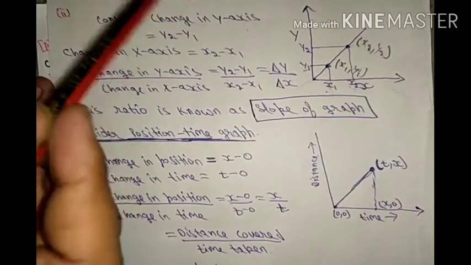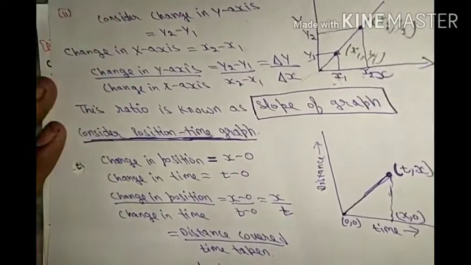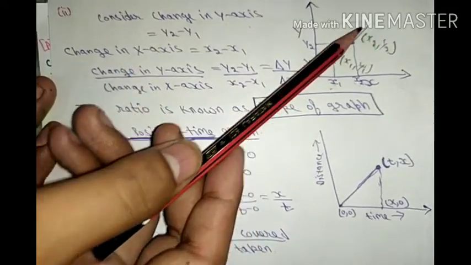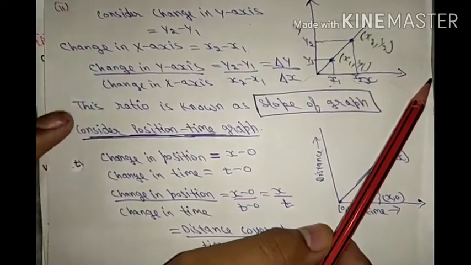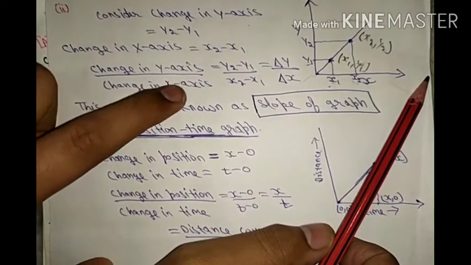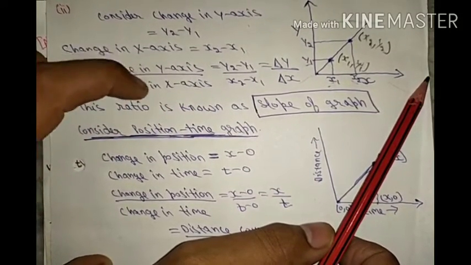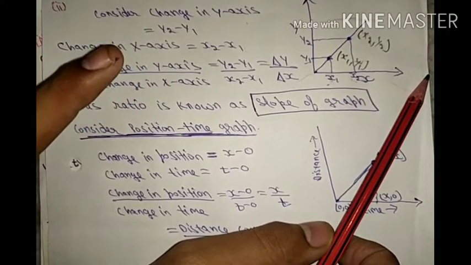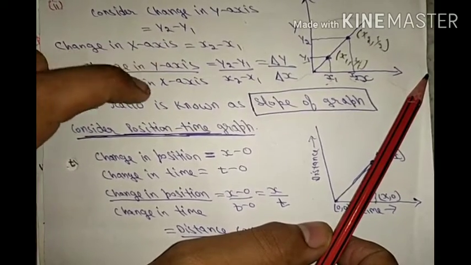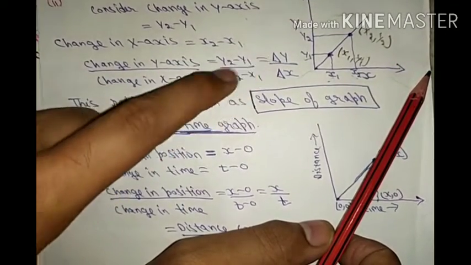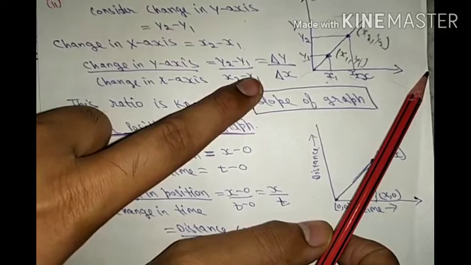But we are interested in how much y changes with the change in x-axis. So we can write the ratio, change in y-axis upon change in x-axis. This ratio gives us how much y changes if I make a change in x-axis. So that ratio is equal to y2 minus y1 upon x2 minus x1.